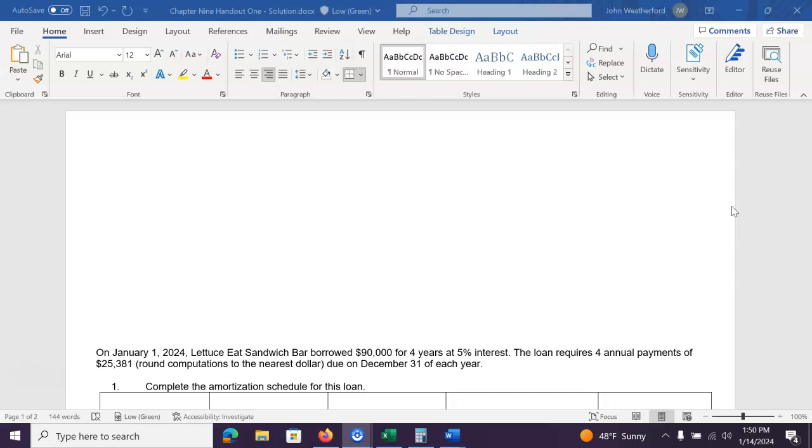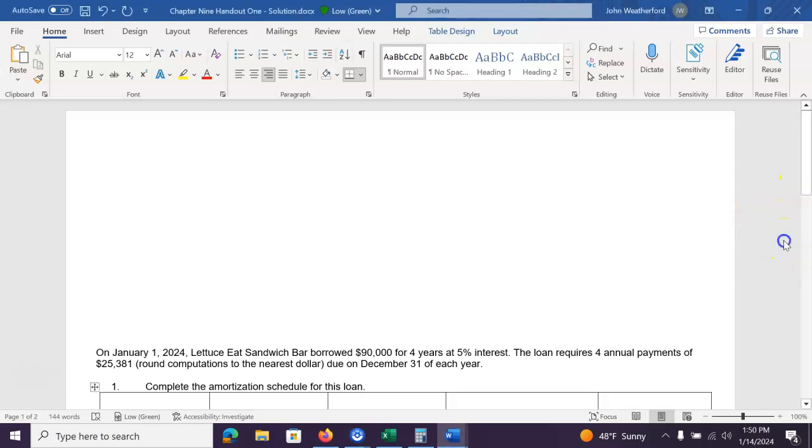The loan requires 4 annual payments of $25,381. They're saying round our computations here to the nearest dollar, and that payment is due annually. So instead of a loan like probably a lot of us have, where we make monthly payments, this company is borrowing $90,000, and they're going to pay it back in 4 annual payments.